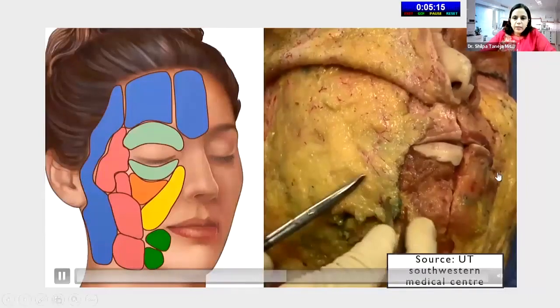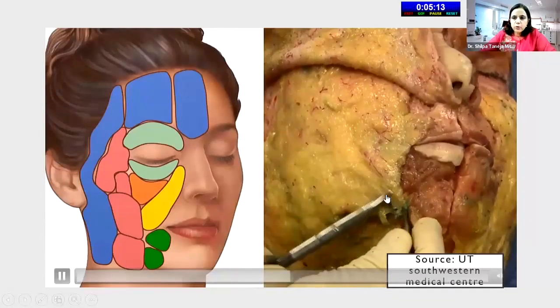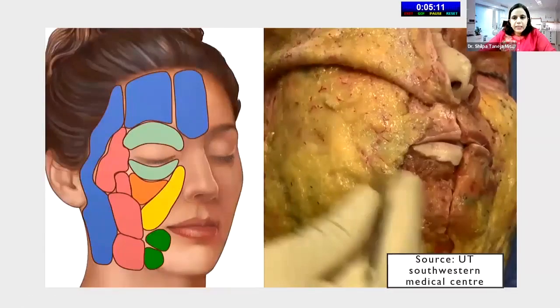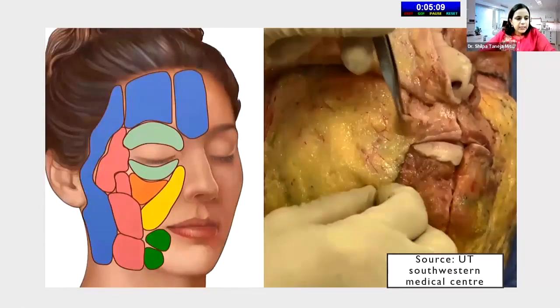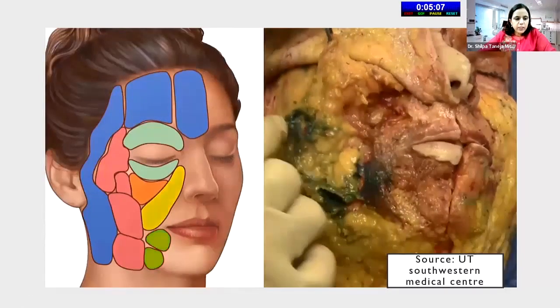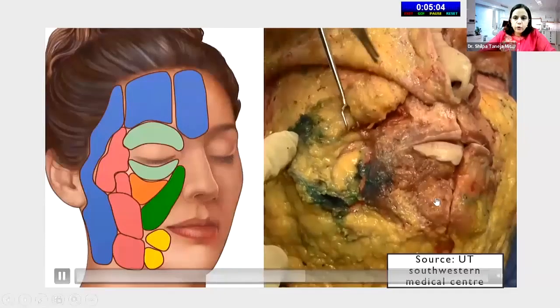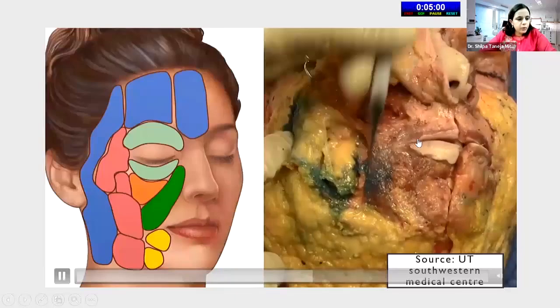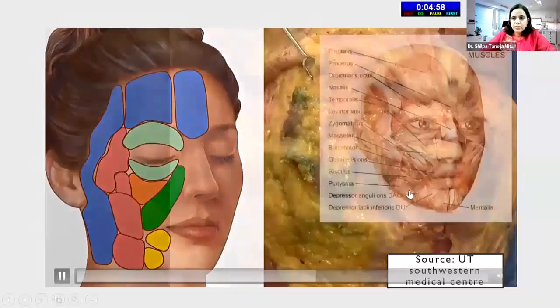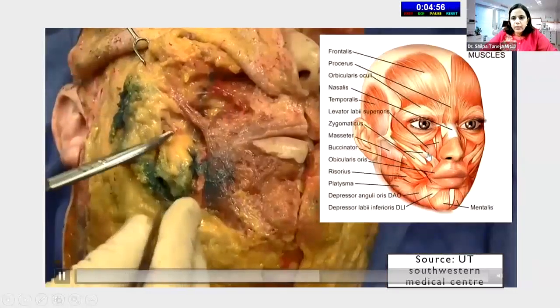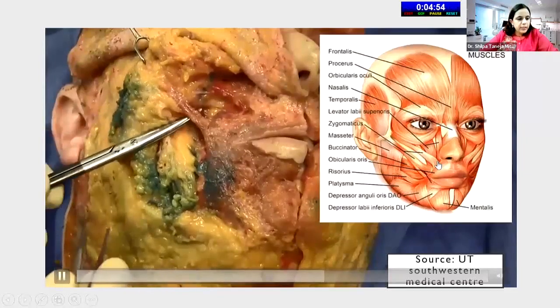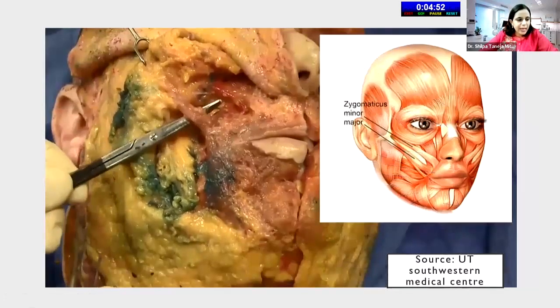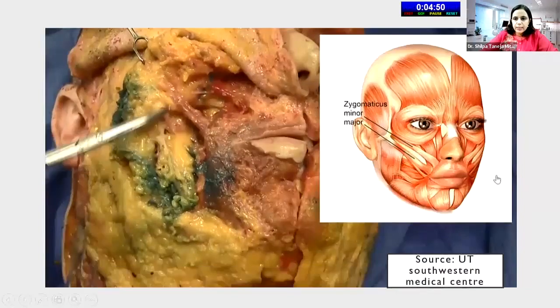Coming to the perioral area, which is the next most important area in the midface, deep to the superficial medial fat compartment lie 4 major mimetic muscles around the perioral area: the zygomaticus major, the zygomaticus minor, levator anguli oris, and the deep anguli oris.